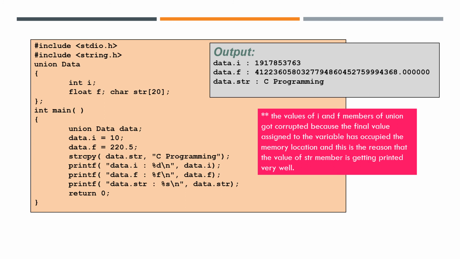And then if we print each of the members in this way, the output will be this. Here the values of i and f members of the union got corrupted because the final value assigned to the variable has occupied the memory location. This is the reason that the value of the str member is getting printed very well.